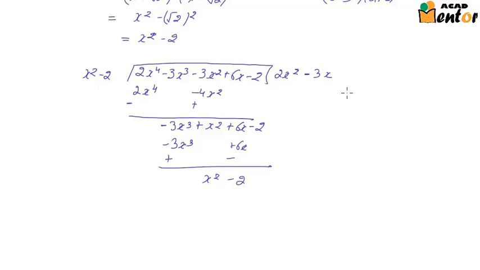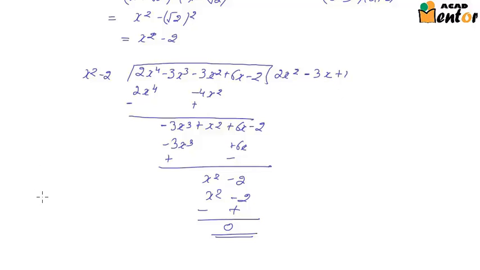Now all we have to do is put another term, which would be 1. So this becomes x square minus 2, and when we subtract, this becomes 0. So the remainder for this division is 0, and the quotient is 2x square minus 3x plus 1.